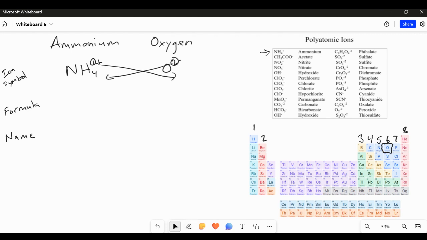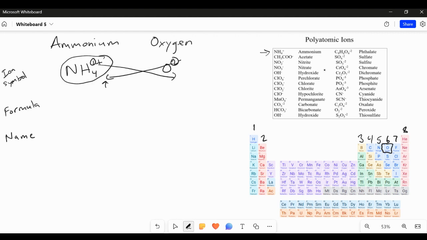Now, we have a bit of a problem because this 2 is supposed to apply to this whole thing. So, how do we communicate that? Okay, we want there to be a 2 right here, but we need to show that it's going to apply to this whole ion.